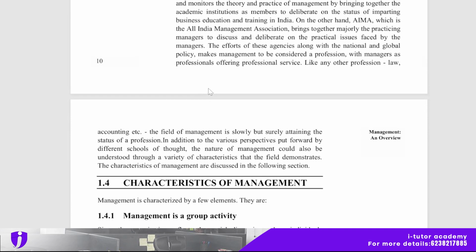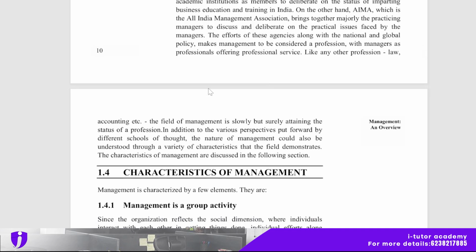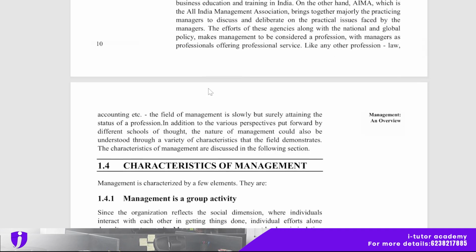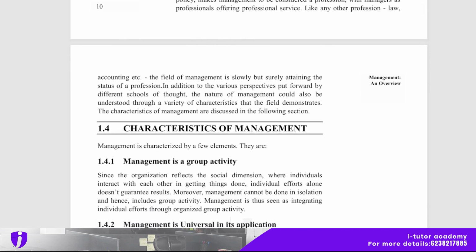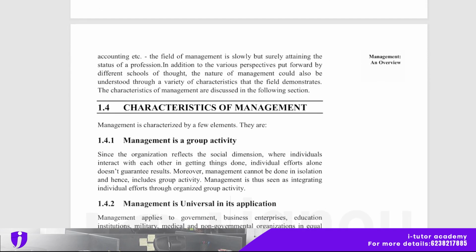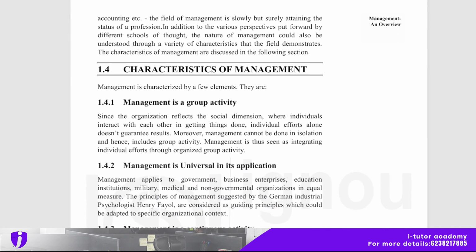On the other hand, AIMA, the All India Management Association, brings together mainly practicing managers to discuss and deliberate on the practical issues faced by managers. The efforts of these agencies, along with national and global policy, make management to be considered a profession, with managers as professionals offering professional services like any other profession, law, accounting, etc. The field of management is slowly but surely attaining the status of a profession.